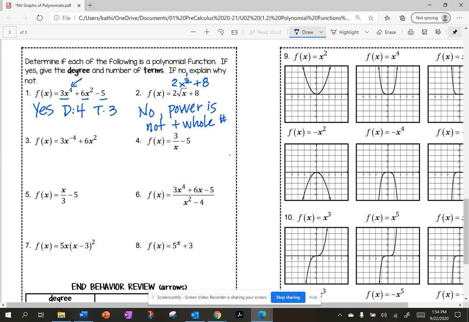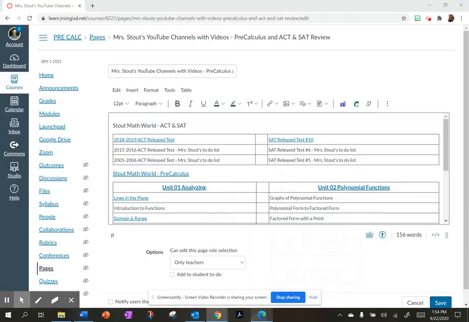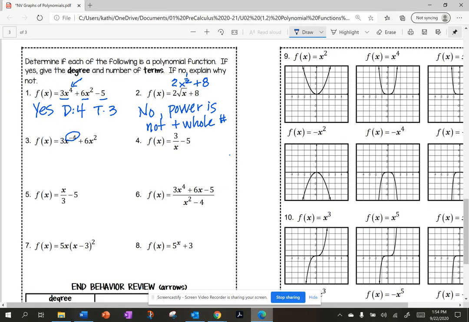Number 3, f of x equals 3x to the negative 4th power plus 6x squared. We just talked about that I need to have positive whole numbers for the power. So no, again, there are no negative powers.